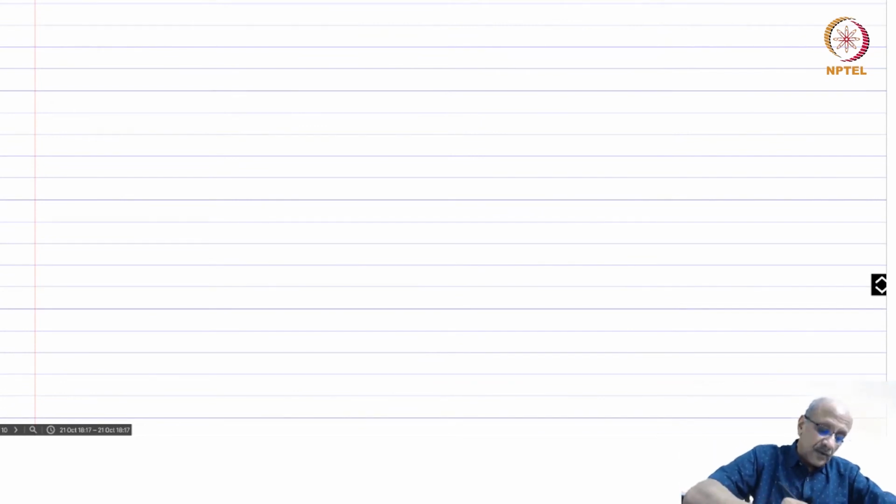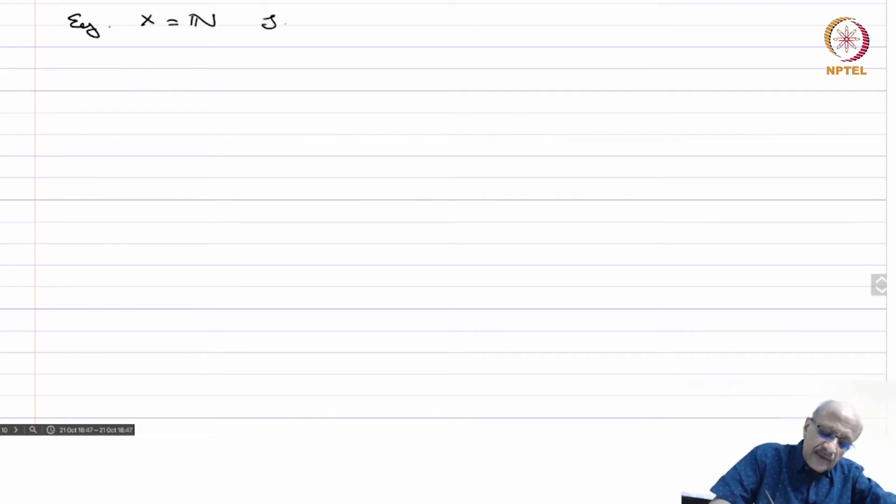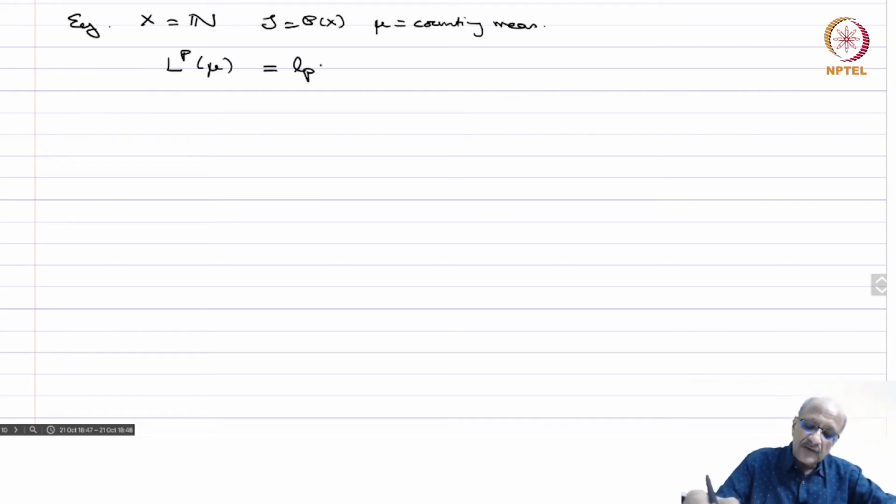Okay, so next example, X is the set of natural numbers, and again S equals the power set of X, all subsets, and mu is again the counting measure. So now you can immediately relate to what I am going to say. Lp of mu is nothing but little lp, because a measurable function is nothing but a sequence of real numbers.